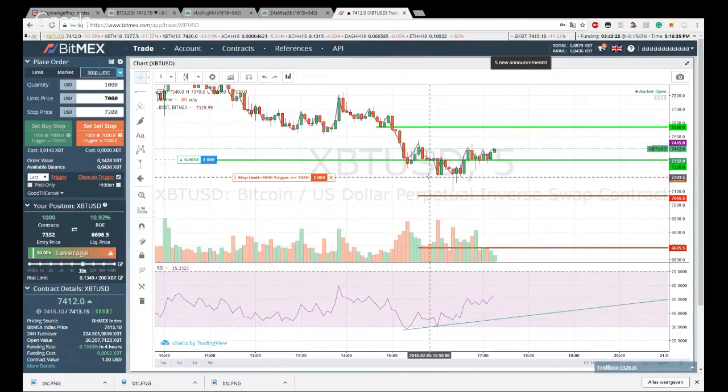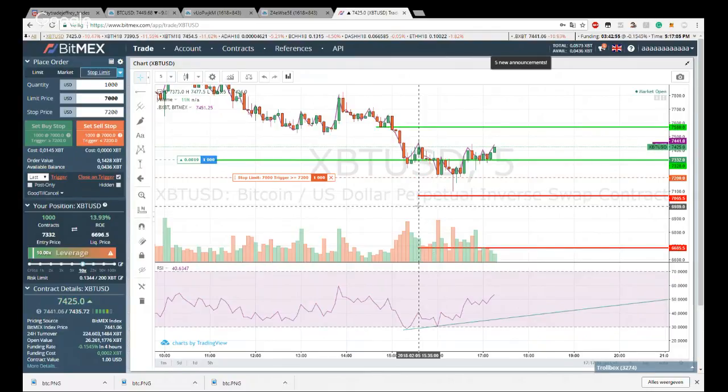Of course this order is going to eat up all the buy orders between 7,200 and 7,000, which basically means that even though your stop gets triggered at 7,200, there are not going to be any buy orders between these two levels. And these buy orders can be reestablished really quick.